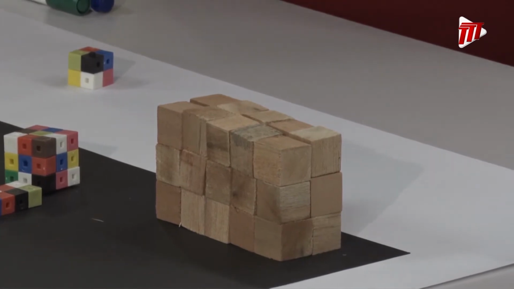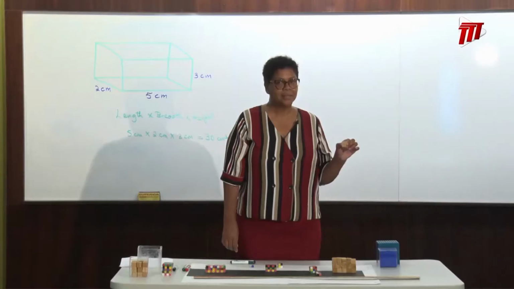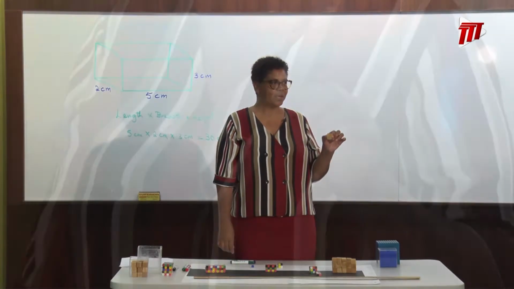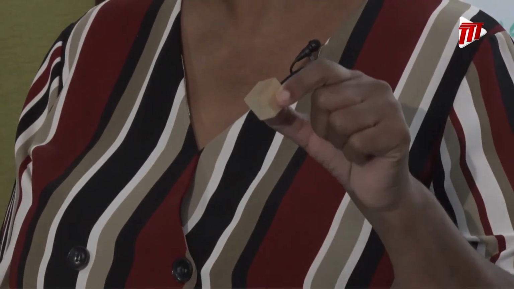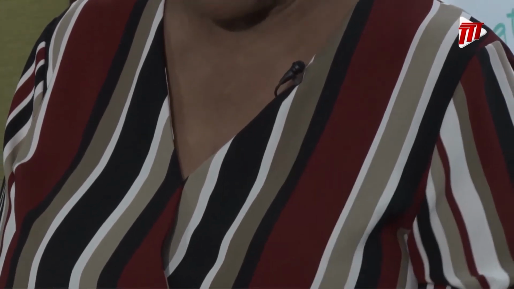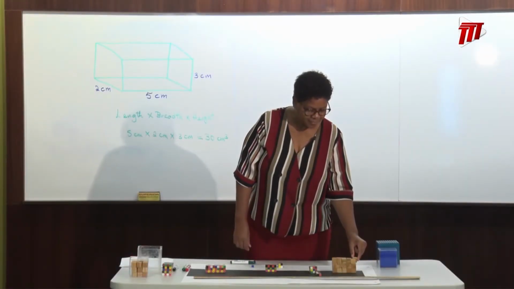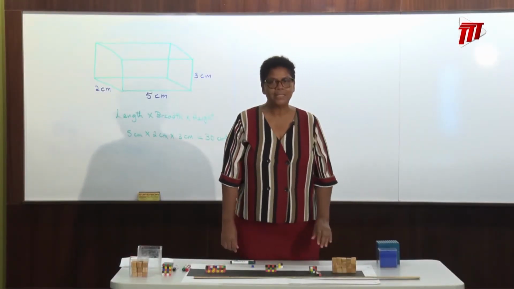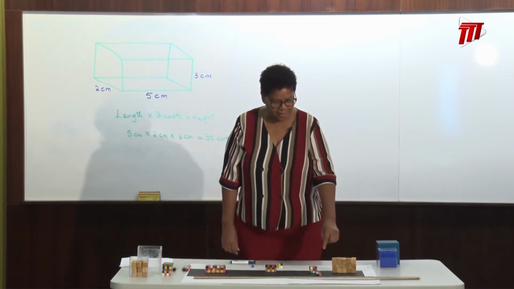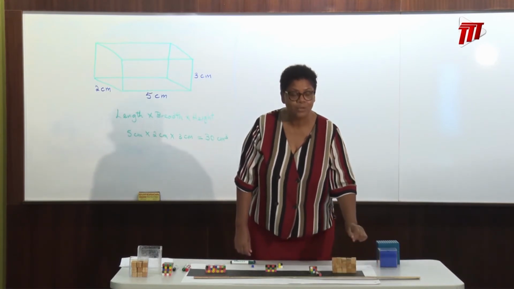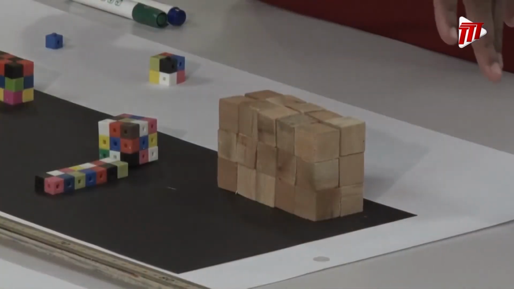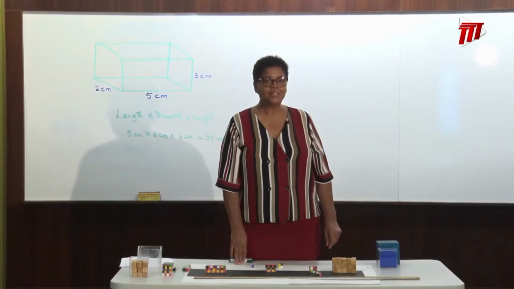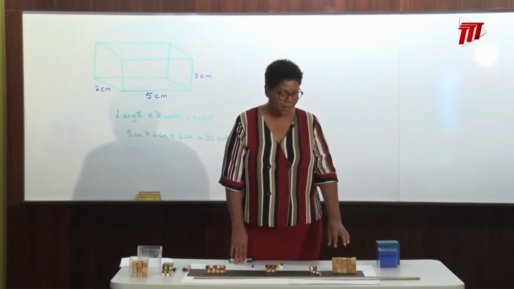What you have to remember is each cube in this cuboid, the length of its sides is 2 centimeters. So let's work out the length before we find the volume of this cuboid.